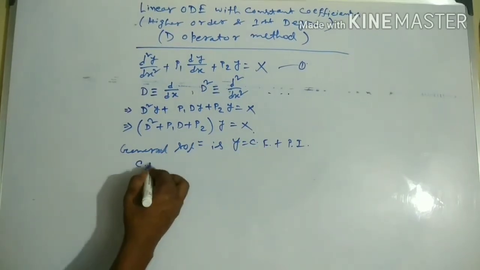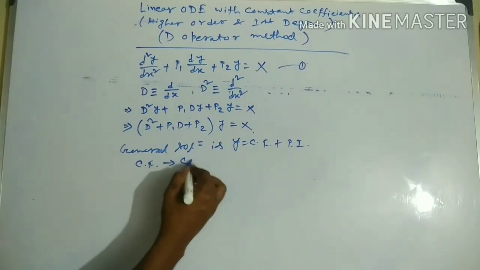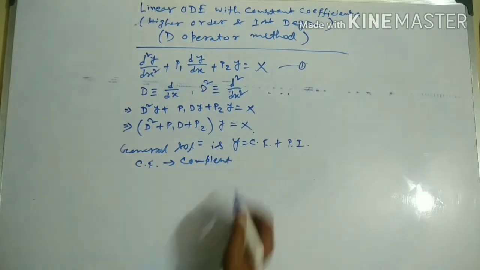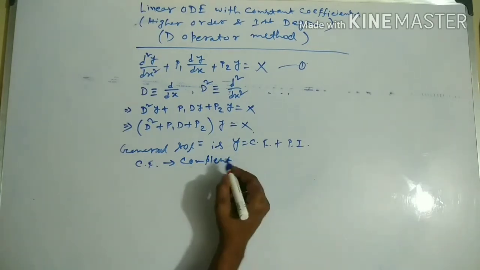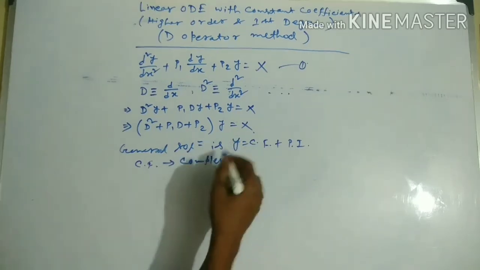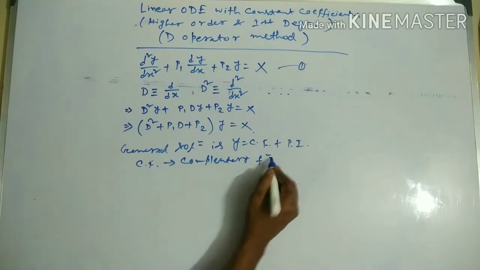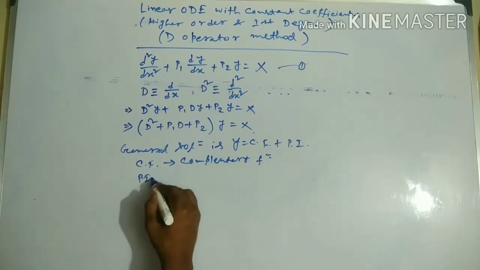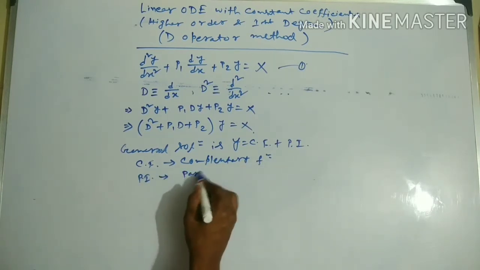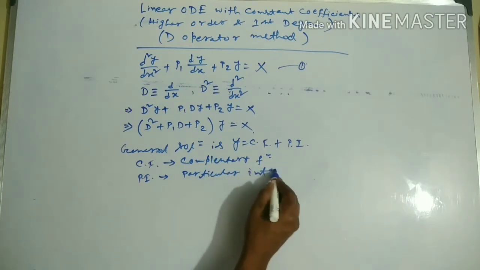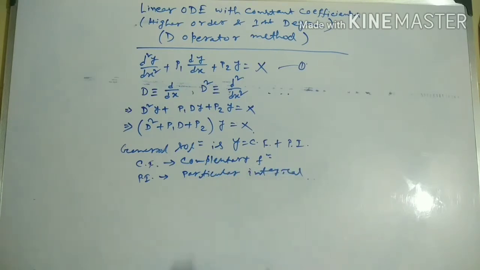CF is the complementary function, and PI is the particular integral. Now I will discuss what CF and PI are, and how to find them.